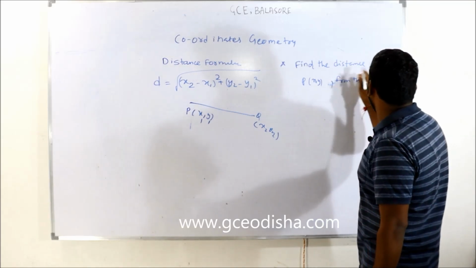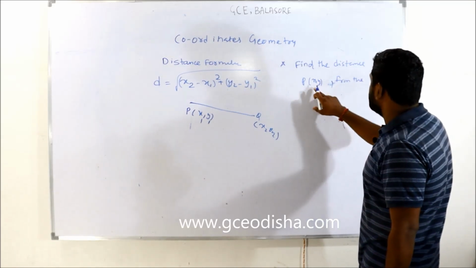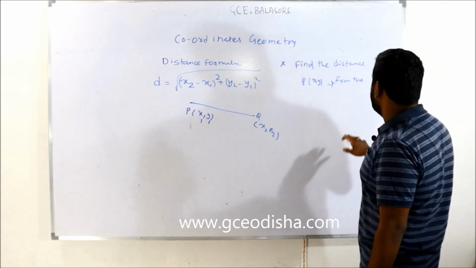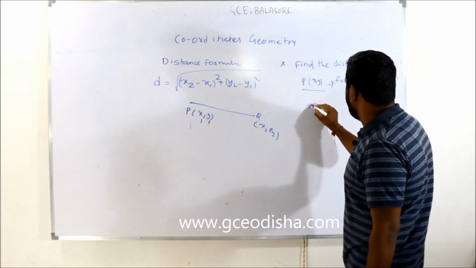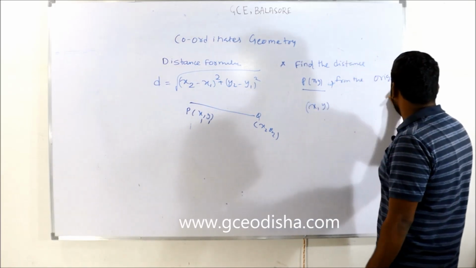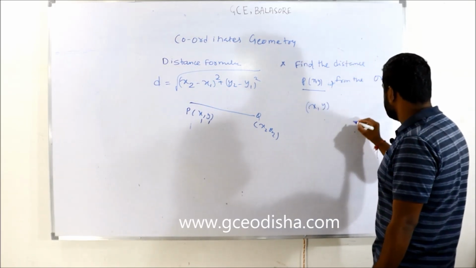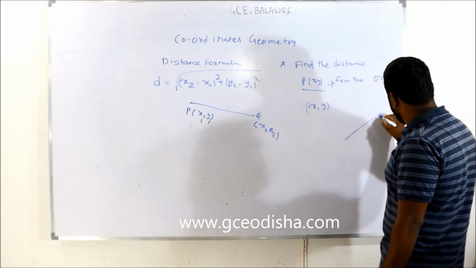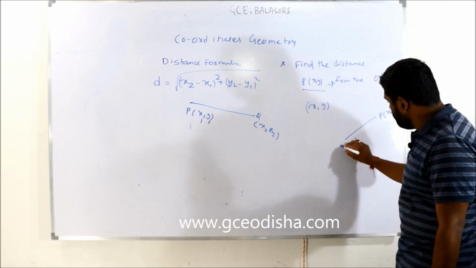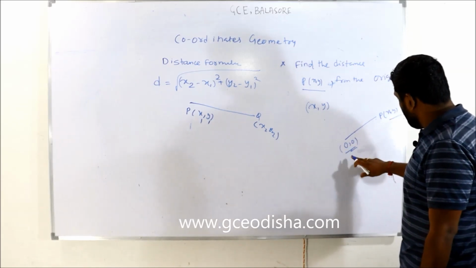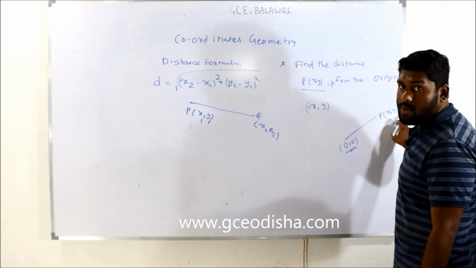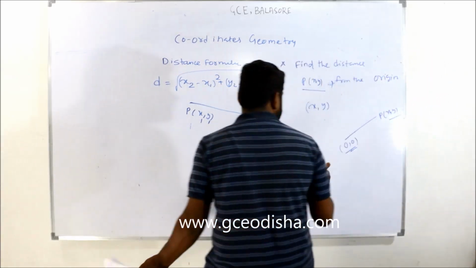There is a point P(x, y) and there is the origin, which we generally define as (0, 0). One coordinate is (0, 0), and another coordinate is (x, y). Then find the distance between the two.